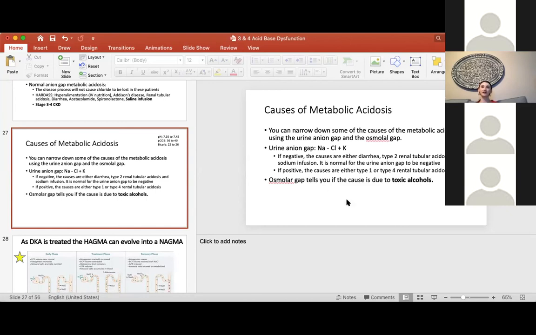If it's negative, it's going to be diarrhea, type 2 renal tubular acidosis, which we get a part of a lecture on, or saline infusion. If positive, it's caused by type 1 or type 4 renal tubular acidosis. Osmolar gap is usually because of toxic alcohols, so I would know that.